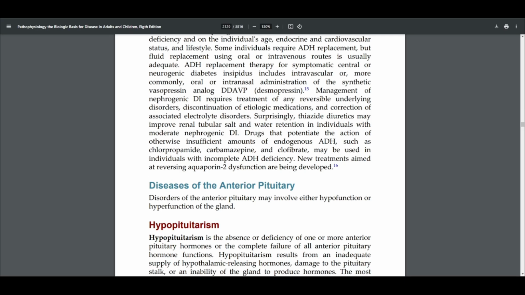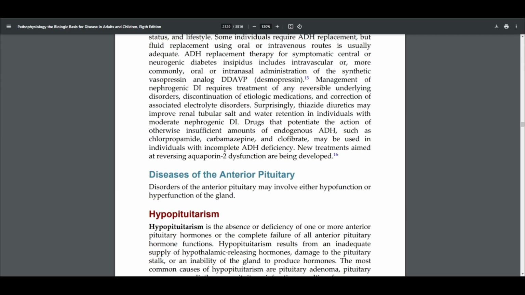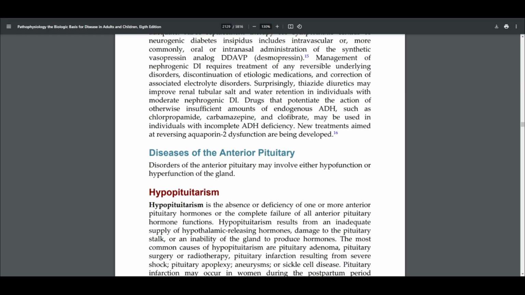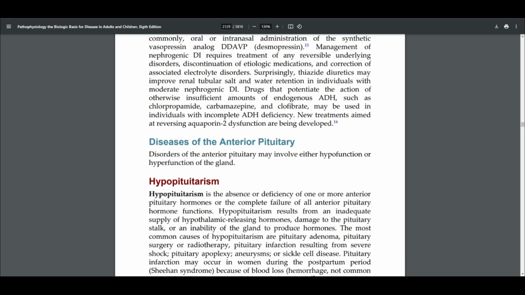Management of nephrogenic DI requires treatment of any reversible underlying disorder, discontinuation of etiologic medications, and correction of associated electrolyte disorders. Surprisingly, thiazide diuretics may improve renal tubular salt and water retention in individuals with moderate nephrogenic DI.